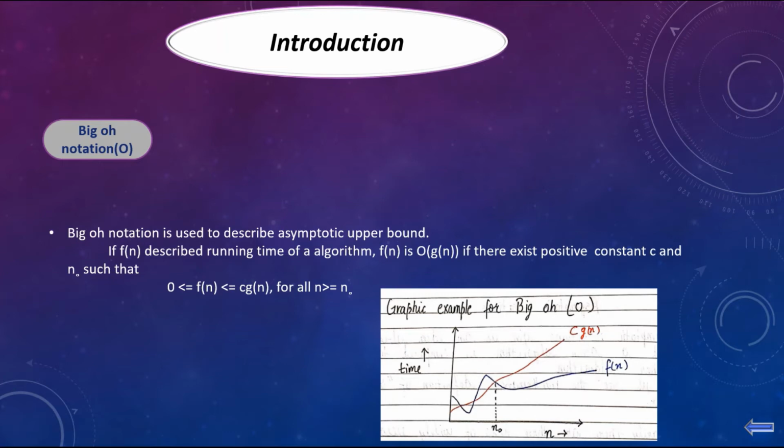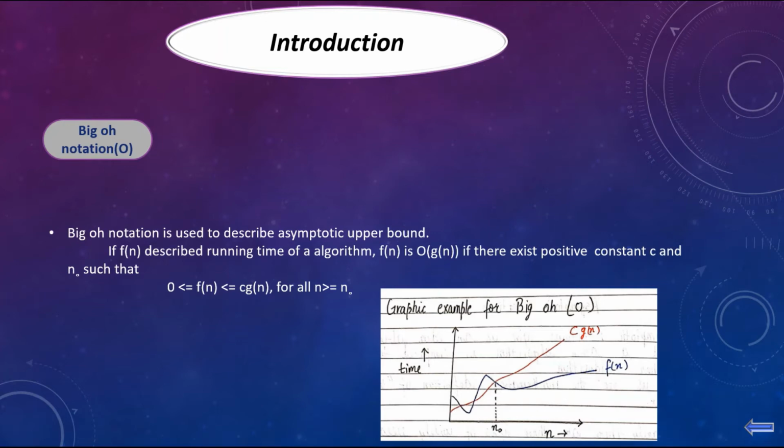If there is a function f of n which describes the running time of an algorithm, we say that f of n is big O of g of n if there exist positive constants c and n naught such that 0 is less than or equal to f of n, which is less than or equal to c times g of n, for all values of n greater than or equal to n naught.